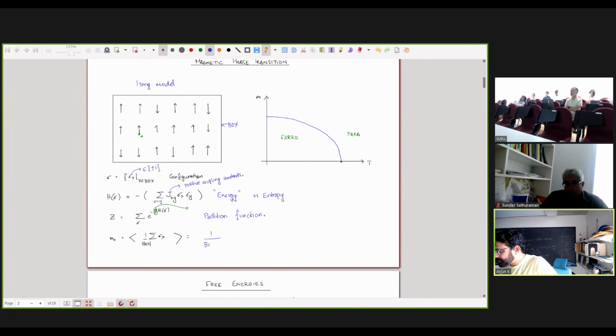So that's usually written as the sum over x in the box of sigma_x, and there's a sum over spin configurations, and you have this weight or this probability, which is of the form e to the minus beta H of sigma divided by Z. Okay, so this is the net magnetization, the internal magnetic moment.